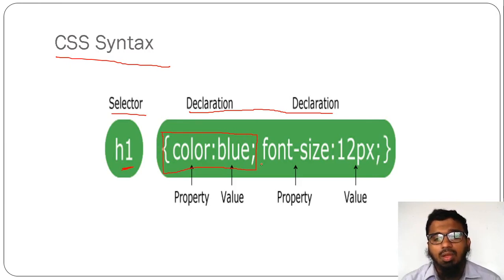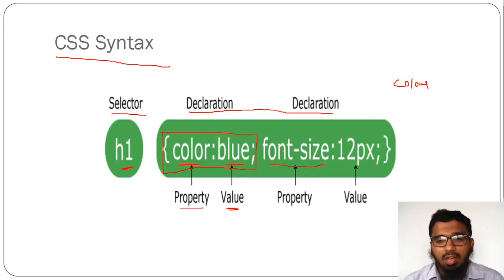This is the syntax. Color: in computer terminology we use COLOR, but normally we write COLOUR. So color is blue. Here color is the property, and whatever color you are giving is the value. In the same way, in the declaration, font size: what is the size of this font?